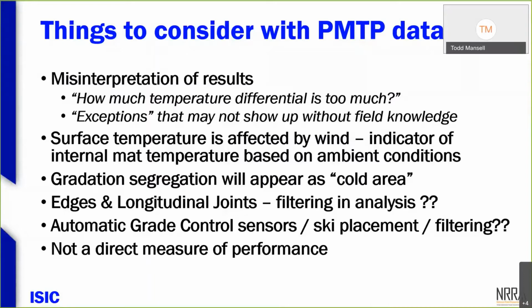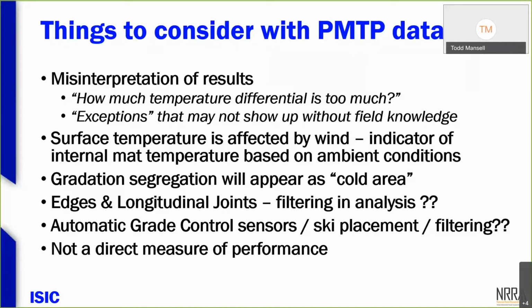Surface temperature is going to be a little different than the internal mat temperature, which I don't think is a big deal. It's no different than what we do nowadays using an infrared temp gun. Just be aware that surface temp is not quite the same as the internal mat temperature. Edges and longitudinal joints, we talked about that when we look at the data.